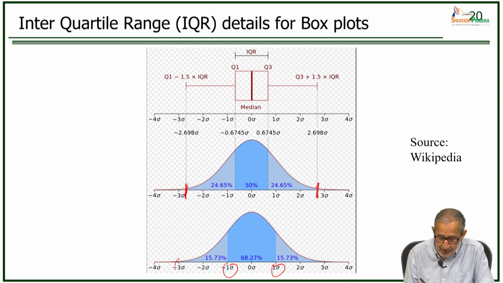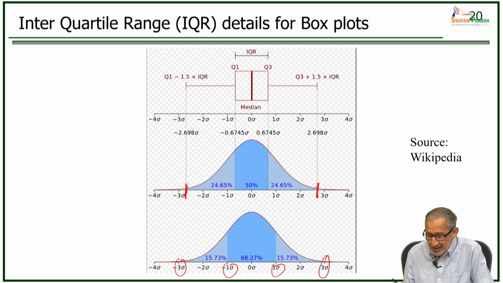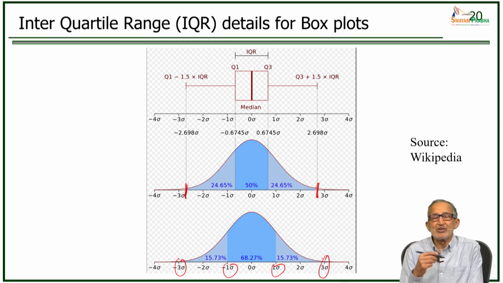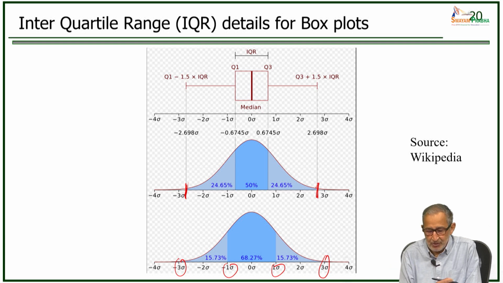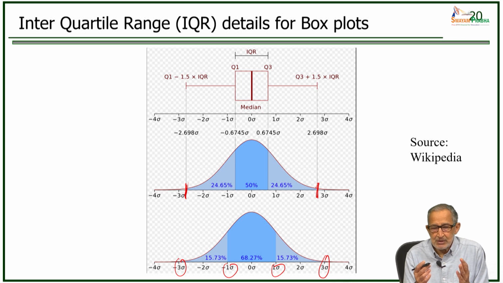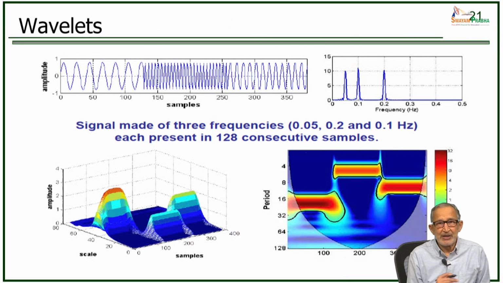On the other hand, plus minus 3 sigma corresponds to almost 99.9% of the data. So again, the box plots convey a lot of useful information, such as the interquartile range of the data. It also gives you an indication of the outliers, if any, in your data set. So these are all useful ways of looking at your data.